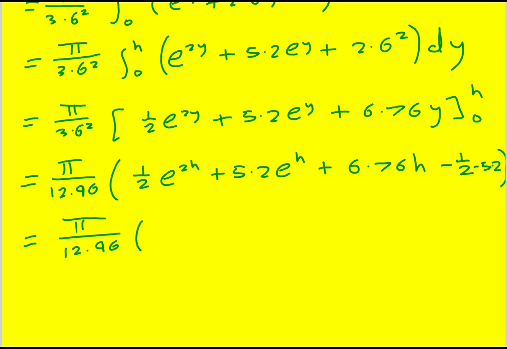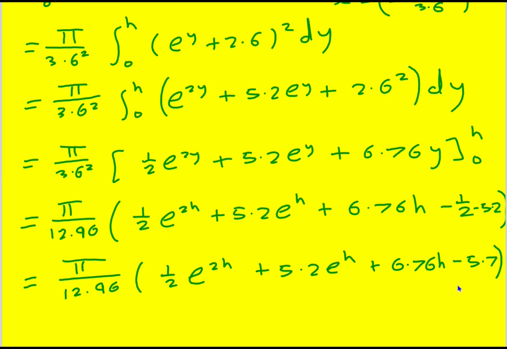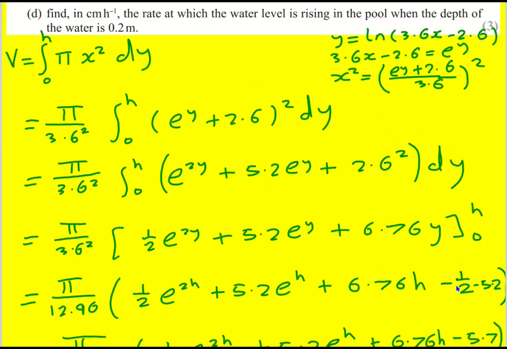Okay, and we can't really simplify this greatly. Just a little bit, bring the constants together. So a half e to the 2h plus 5.2 e to the h plus 6.76h minus 5.7. And that is the volume of water in terms of h.